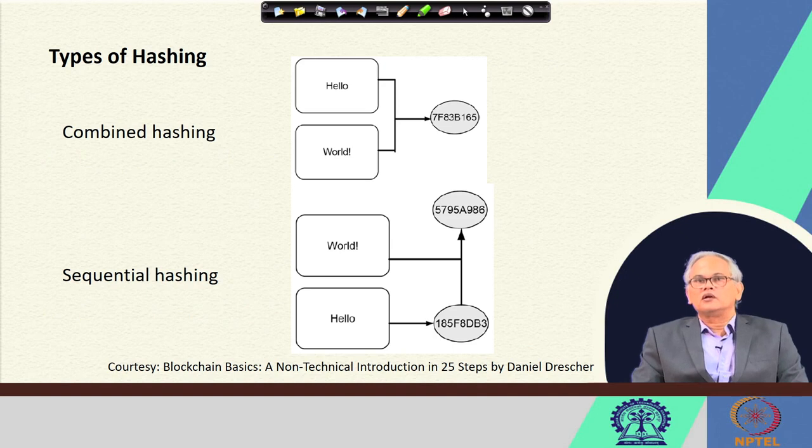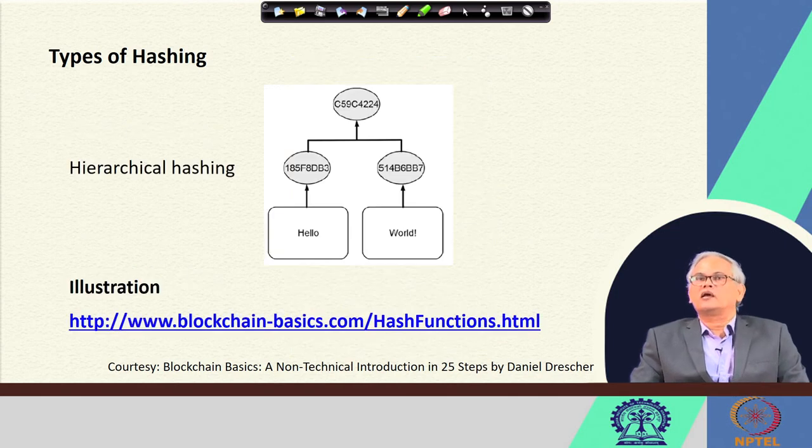So, that is what you need to try out, and of course, you can also think whether there are other ways of combining them. Also, as you can see, it is only for 2 different components of the message that we considered for showing these examples. Suppose there are 3, you can have a mix and match of combined hashing, sequential hashing and hierarchical hashing for carrying out these different types of hashing for those 3 or more messages when they are taken together for hashing.